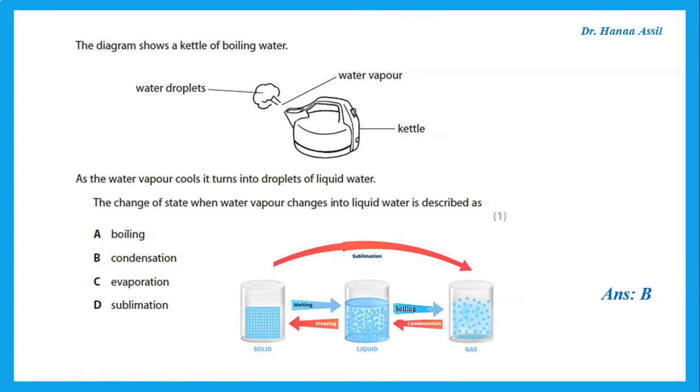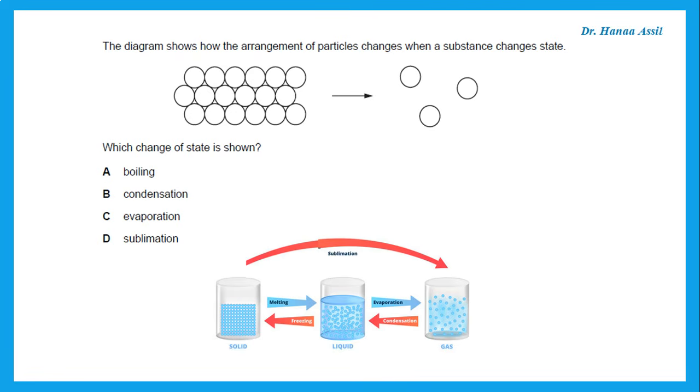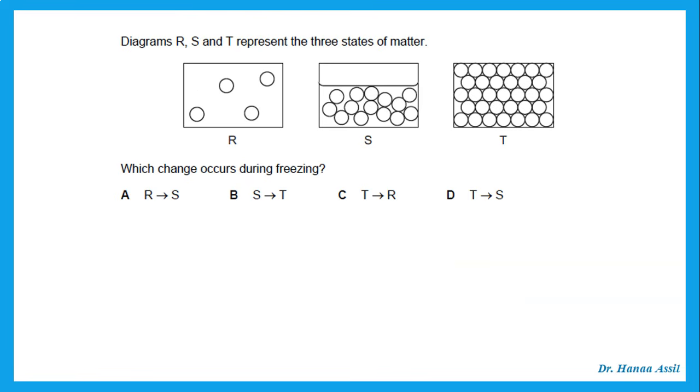That is condensation. The diagram shows how the arrangement of particles changes when a substance changes state. Which change of state is shown? Well, what does he have? He has what? A solid going to gas. So that is sublimation, and that is D.